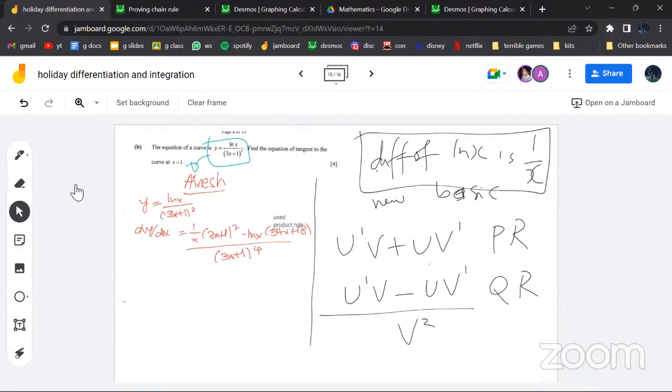Pretend that the inside is U. All right. Second step? Differentiate, because now it looks basic. The third step? Times U prime.